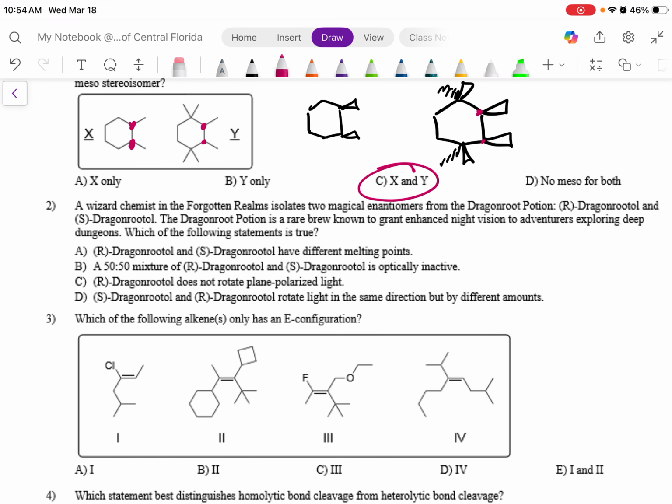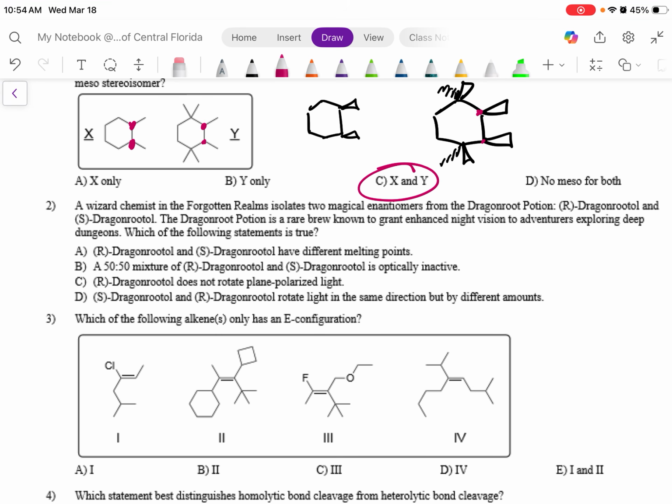Question 2, Dungeons and Dragons problem here. It says, which of the statements are true? So let's go through each one. A says the R dragon rutol and S dragon rutol have different melting points. That's false because enantiomers have the same melting point.